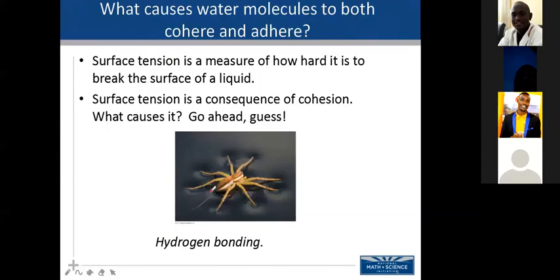Then the next is surface tension. Because these water molecules will stick together strongly because of the hydrogen bonding, okay, they create a very strong surface. It looks like a plastic, or a very thin layer.